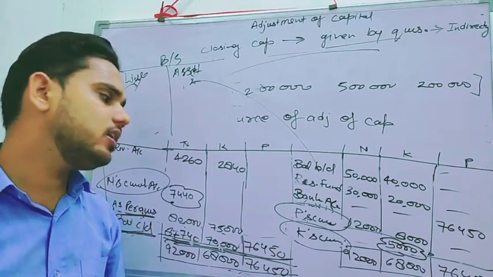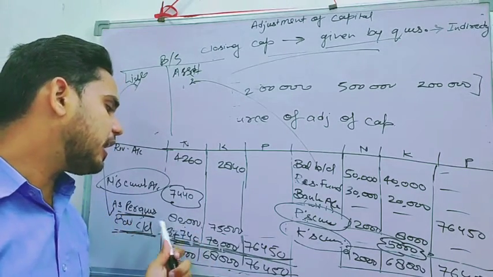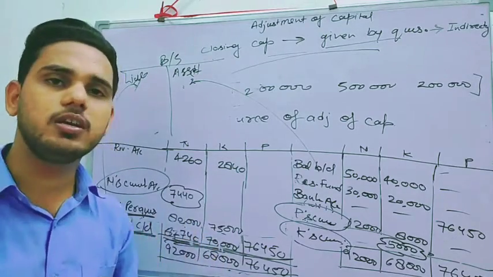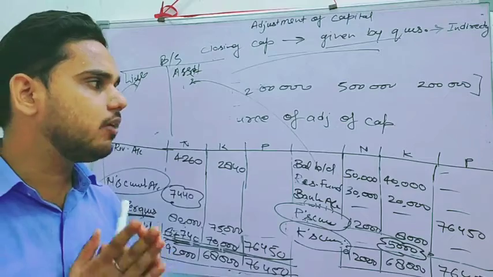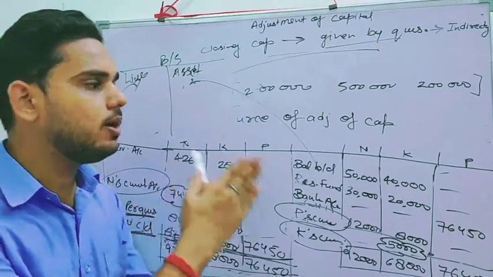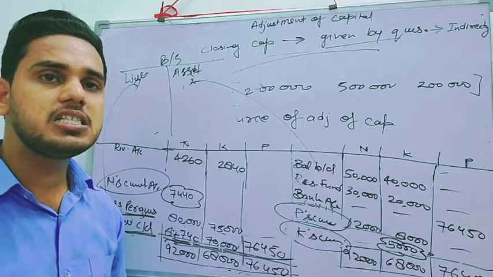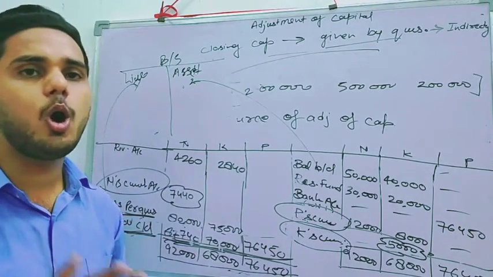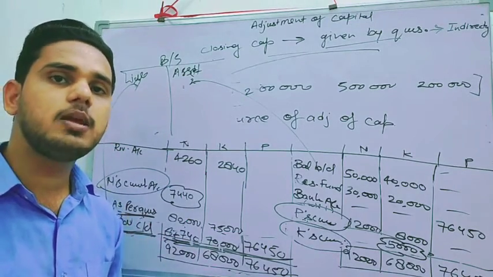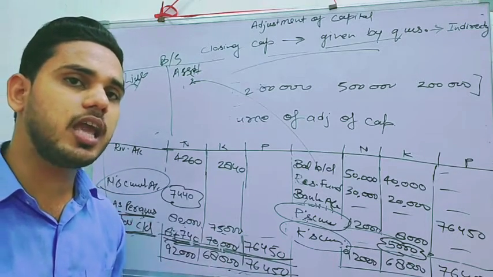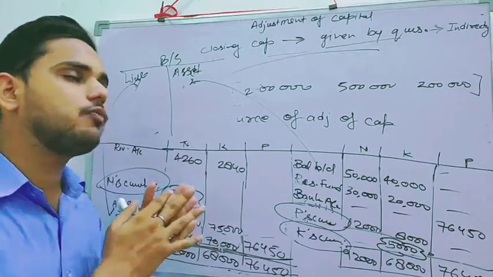First thing. Second thing, if we are writing any calculated value as a closing capital and not the balancing figure, in that case we will get difference either on the debit side or on the credit side. That balancing figure will be adjusted either from cash account or from current account. That depends upon the question. If it is asked in the question to adjust it through cash account, then we will adjust that from cash account.